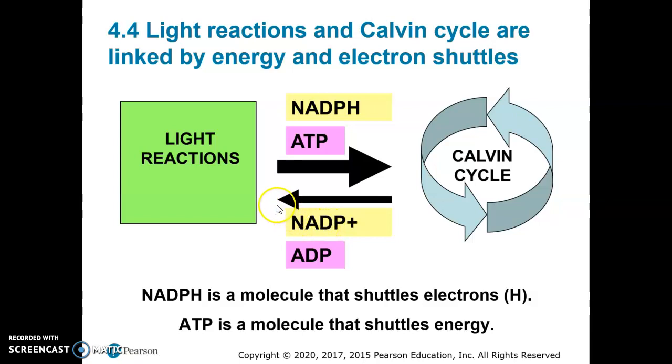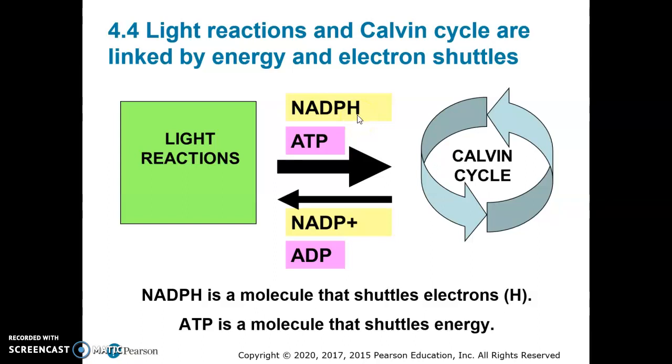It comes over to the thylakoids, picks up the hydrogens, carries them over to the Calvin cycle, drops them off, goes back, picks up another one. We've seen this kind of model a few times already this semester. So this is called an electron carrier. It's shuttling or carrying those electrons. Poor hydrogen.